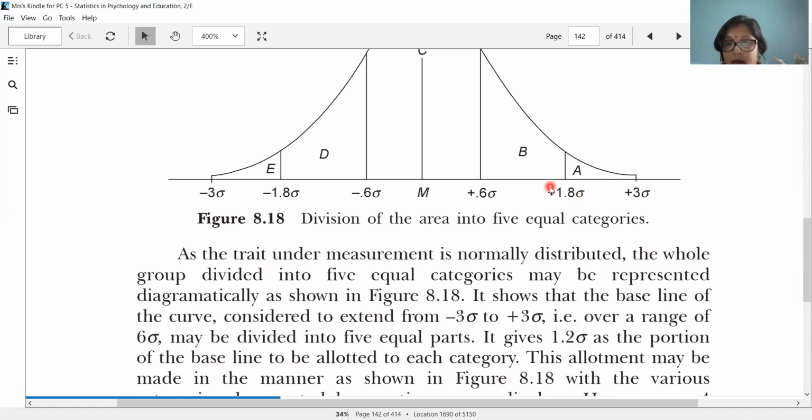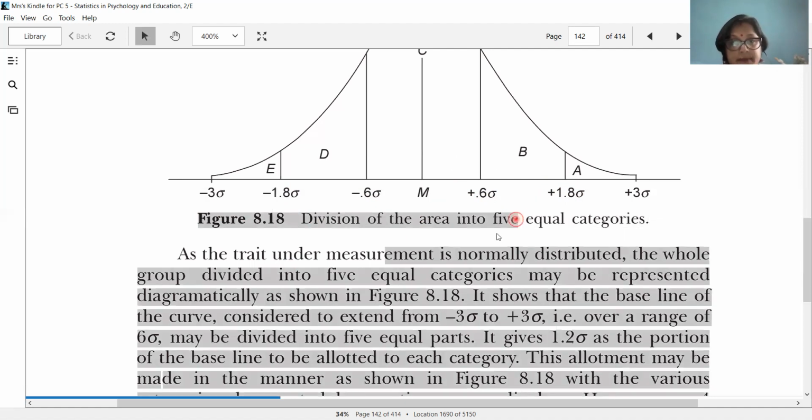Then again, if you subtract 1.2 sigma from 1.8 sigma, you will get +0.6 sigma. Then if you subtract 1.2 sigma from +0.6 sigma, you will get -0.6 sigma. Then you will similarly get these types of values.